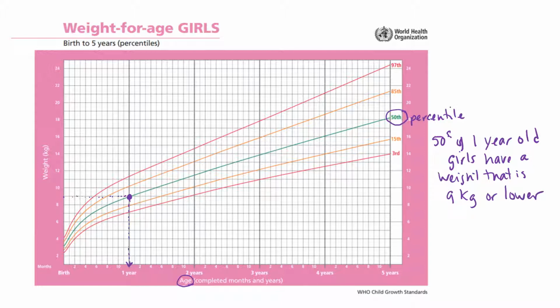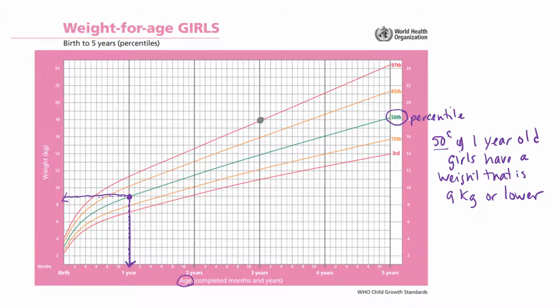So where do these numbers come from? 50% is because it's on the green curve. It's 1 year old because of the place where I've picked the data point, and the 9 kilograms comes from here. So that point tells us that 50% of 1 year old girls have a weight that is lower than 9 kilograms.